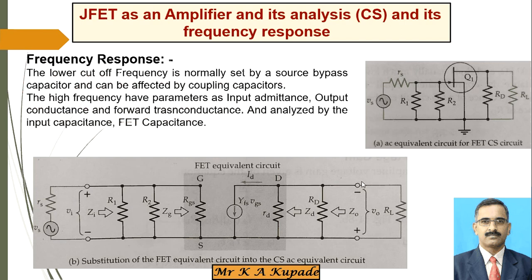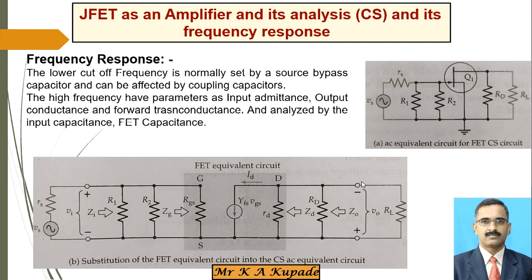Now, last one is the frequency response. Here, low frequency and high frequency concepts are considered in this amplifier circuit. In this frequency response, the lower cutoff frequency is normally set by the source bypass capacitors and can be affected by the coupling capacitors.